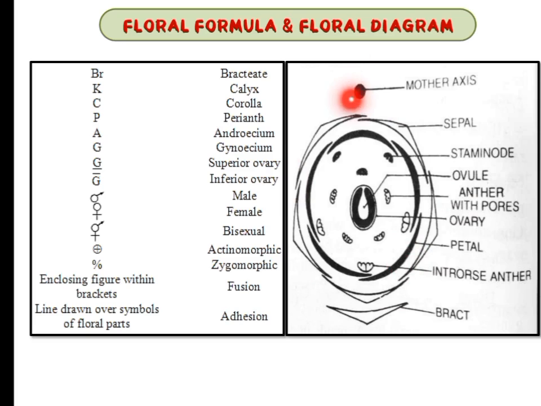Okay, so the mother axis is the outer wall, then the bract will come, then the next wall is called calyx, the individual unit being the sepal, then the petal whole is the corolla, and the individual unit is the petal. Then inner to it is called androecium, and it has individual stamens. Then finally the innermost one is gynoecium, that is the carpel. Okay, so just like this we will describe a floral diagram.